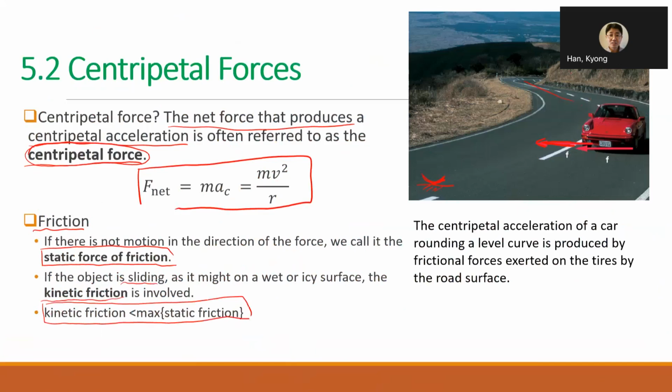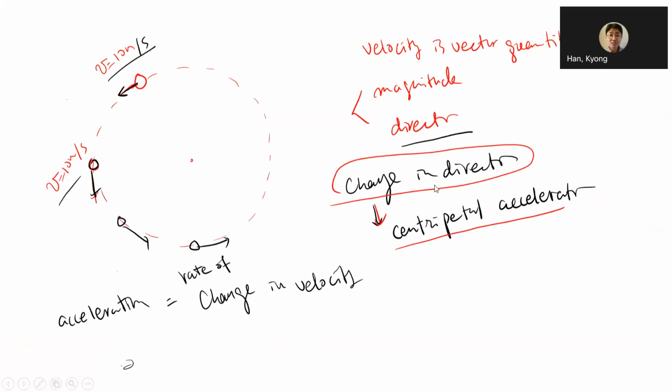I think there are two kinds of friction, and this can be a little confusing. If I have an object moving with a force, maybe 100 Newton, and the object starts moving with some acceleration and velocity, then there is friction there.